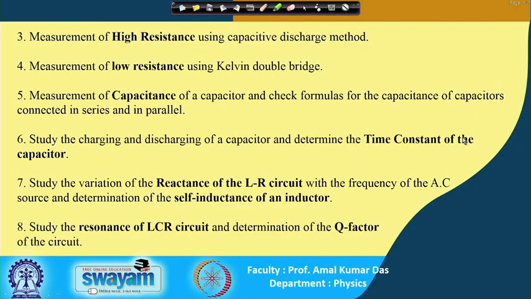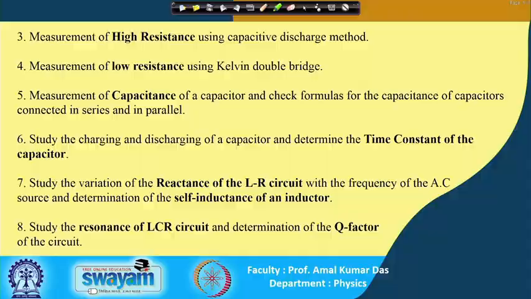Then other experiments on electricity and magnetism: measurement of high resistance using the capacitive discharge method. How to measure resistance? Resistance has different ranges. If it is in kilo ohm, mega ohm, we say it is a high resistance.